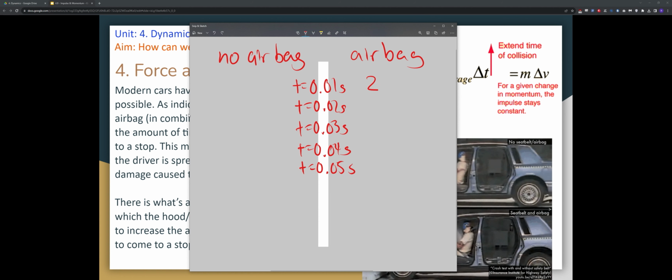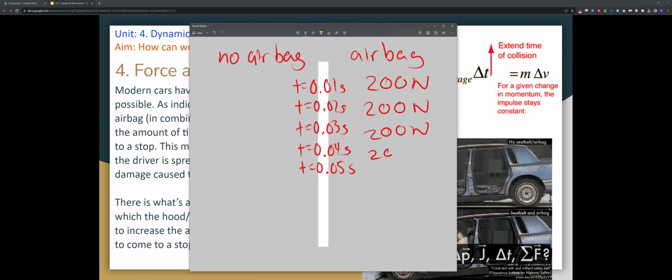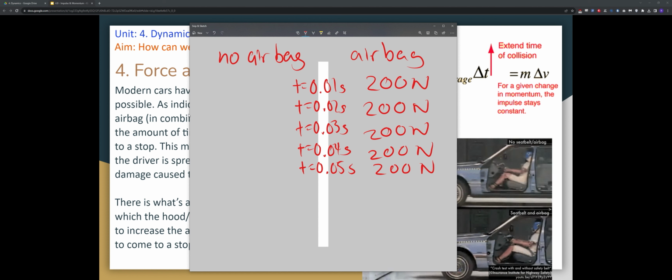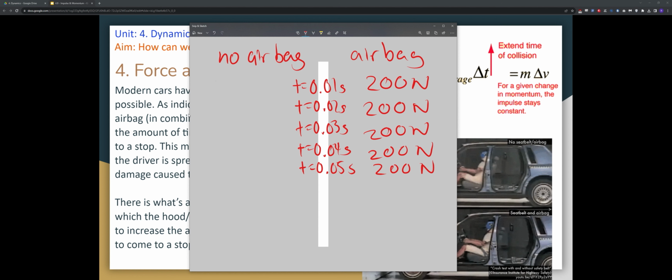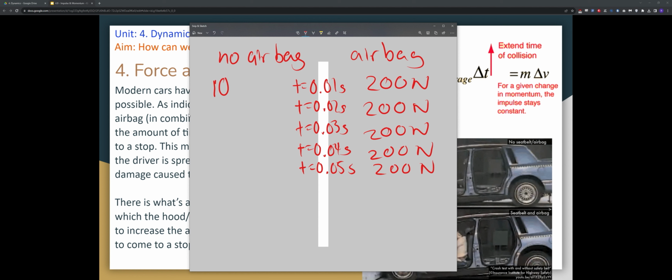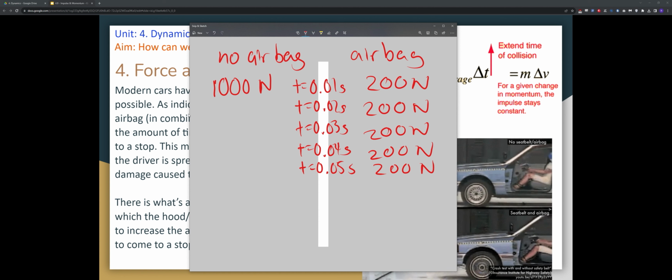And so on the airbag side, the airbag helps slow you down, increases the amount of time it takes for you to come to a stop, so you don't experience brain damage, or really less brain damage. But in the no airbag scenario, you come to a stop almost instantly because you just hit the steering wheel. And so let's say you experience all that force literally in just 0.01 seconds.